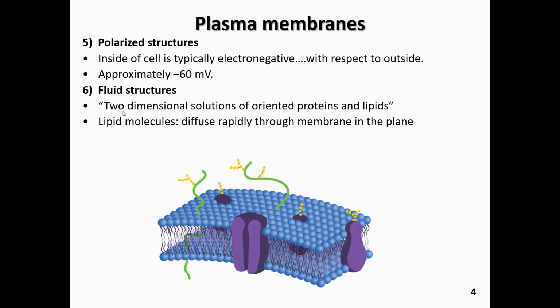One description of the plasma membrane as a fluid structure is that it's a 2-dimensional solution of oriented proteins and lipids. As a result of the hydrophilic and hydrophobic nature, lipid molecules can diffuse quite easily through the membrane in the plane of the membrane.